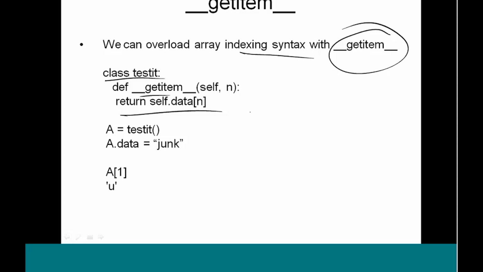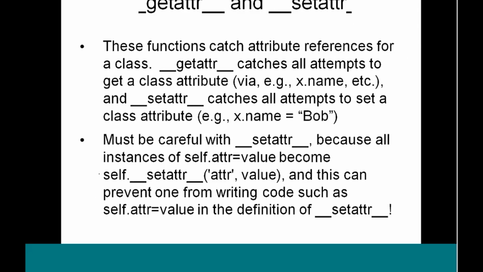And now when we want to use this testit, we can just say a is equal to testit, a.data equal to jump. So now we get this violation here.